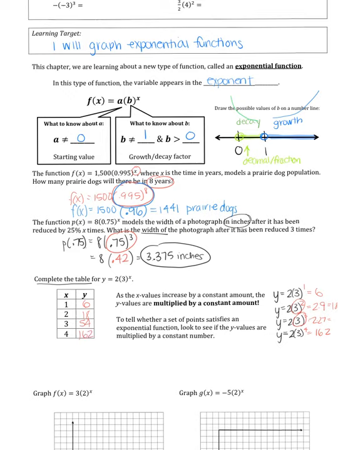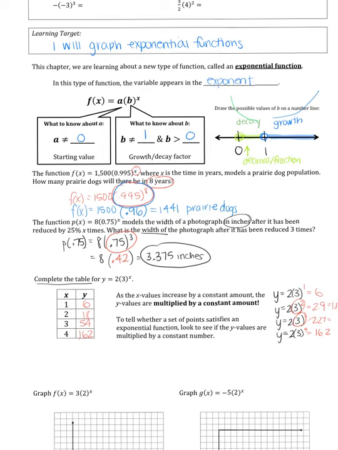Now there is a pattern to this t-table. Do you guys remember with linear, we would add the same thing to each row and it would work out with a pattern. With quadratic, do you remember the second differences were common? Well, with an exponential, it has to do with multiplying.